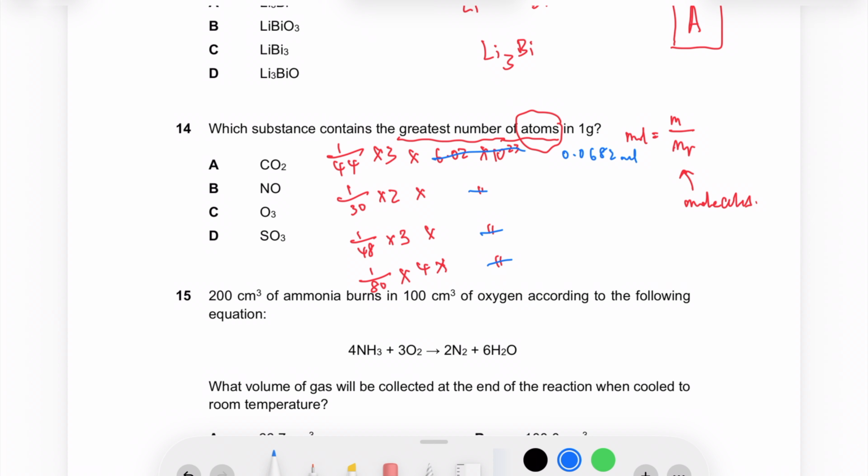And then this 2 divided by 15, 0.0667 mole. 0.0625 mole. 4 divided by, 0.05 mole. Alright, so since you want the greatest, answer will be A.